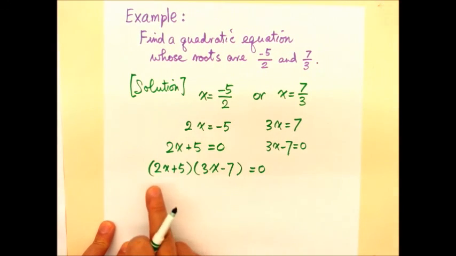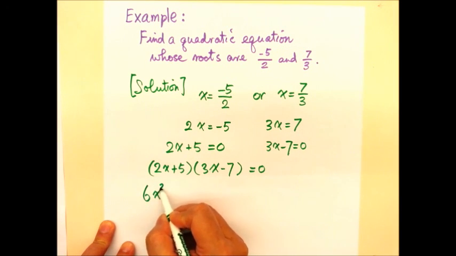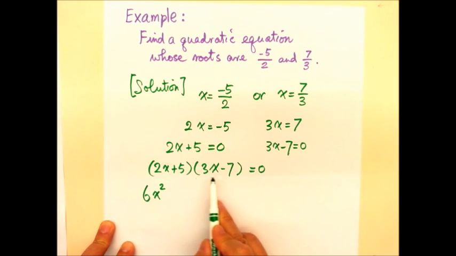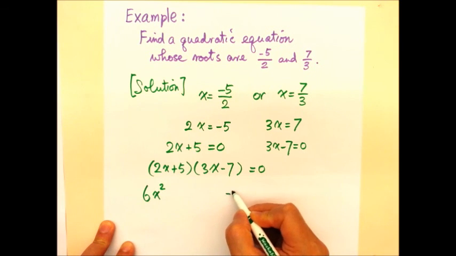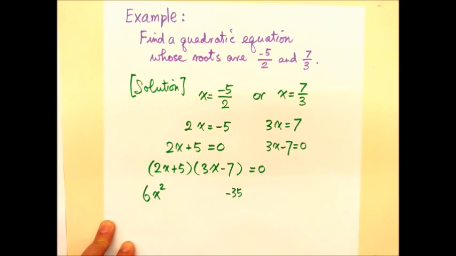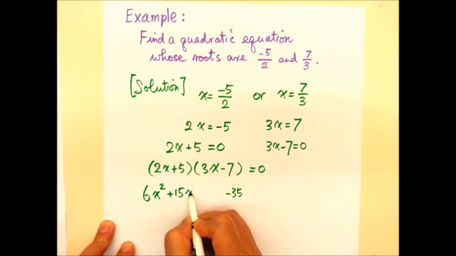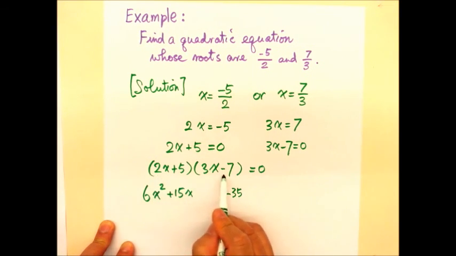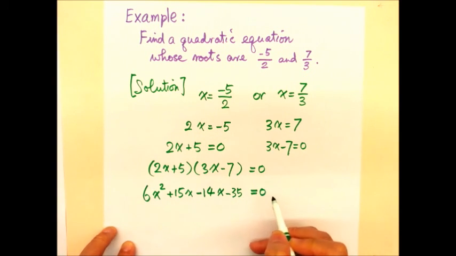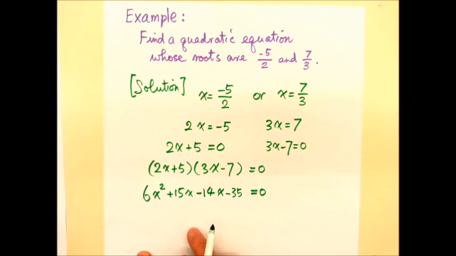Now try 2x times 3x, 6x squared. 5 times 7 is minus 35. And here 5 times 3 and 2 times minus 7. I think you are very familiar with the expansion of the brackets since Form 2.